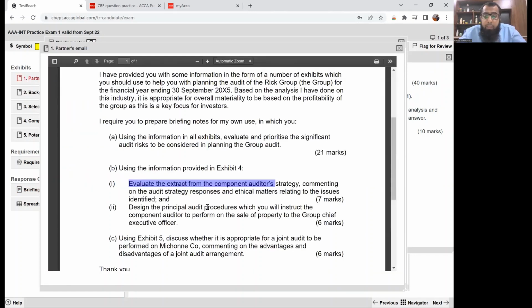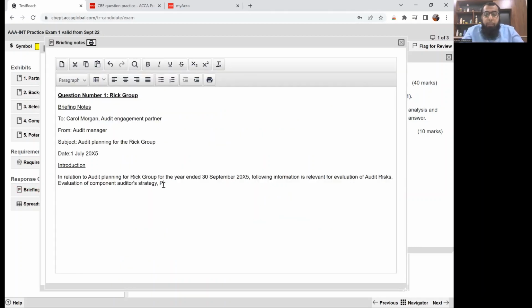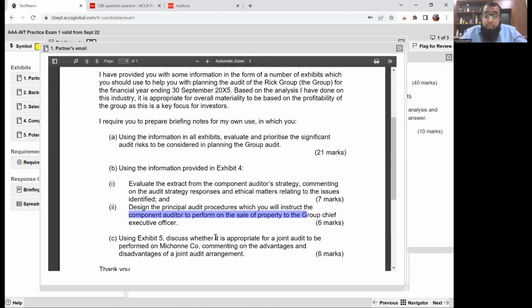The third requirement is principal audit procedures in relation to sale of property to Group Chief Executive Officer. And the last one, the fourth, is whether it is appropriate for a joint audit to be performed on Mikon company.